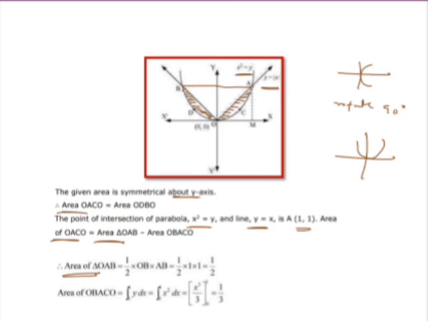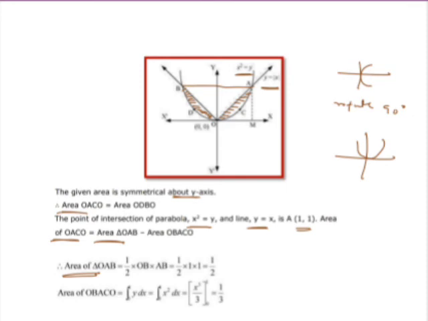The area of OACO is the area of OAB minus OBACO.